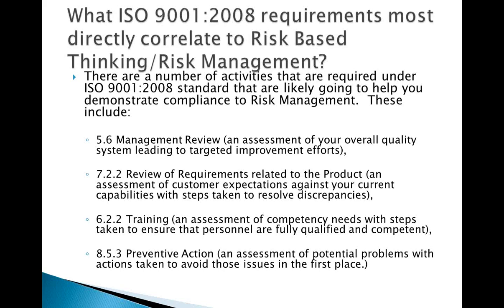You're already required to take a look at what your customer is asking you for. What is it that the customer needs from us? How can we be prepared and act in response to what they're asking us for before you get into the middle of a mess? That's risk-based thinking.